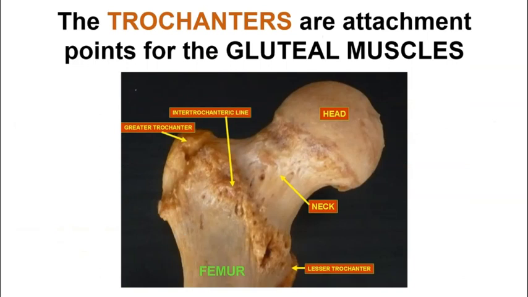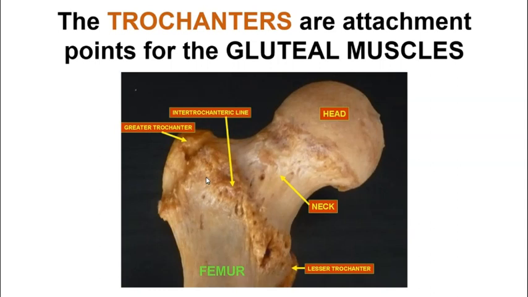Again, looking at the proximal end of the femur, just a little bit distally located from the head of the femur, in very close proximity to the hip joint, are these large roughened projections called the trochanters. The trochanters are the attachment points for the gluteal muscles on the femur. The gluteal muscles are very strong postural muscles that help us to stay standing upright.